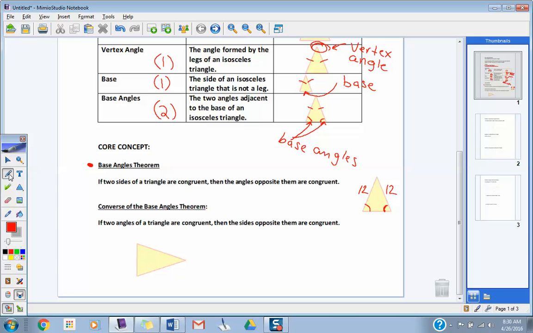If the two legs are equal in length here, then what must be true about these two angles right here? Or vice versa. If these two angles are the same right here, what's that mean about this length and this length in that triangle? They are the same. Okay? They're the same.